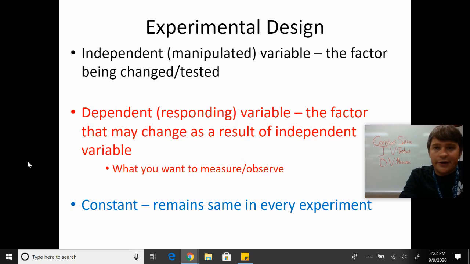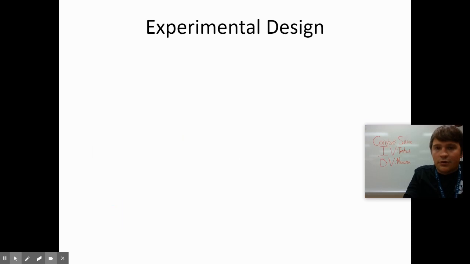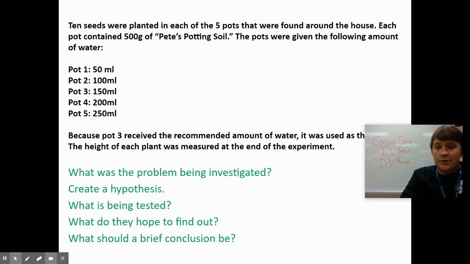So an independent variable is going to be the variable which we are testing. So again, let's take a step back. What is a variable? A variable is something that we can change in the experiment. So again, looking back to our previous experiment, there's a lot of things that potentially could be variables.